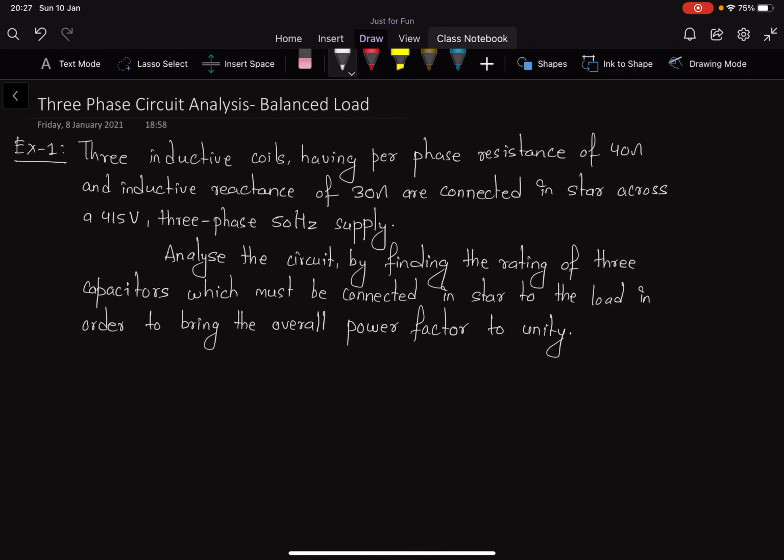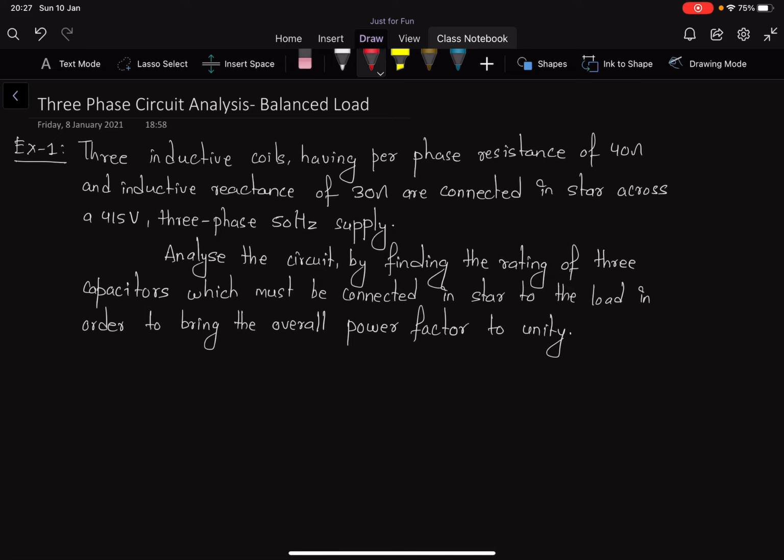And today we are going to look at the topic three-phase circuit analysis under the balance load condition. So I have an example one here, and let's look at this example one. There is a three inductor coil having per phase resistance of 40 ohms.